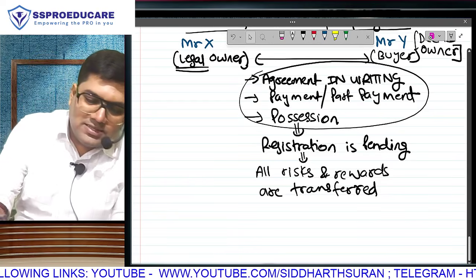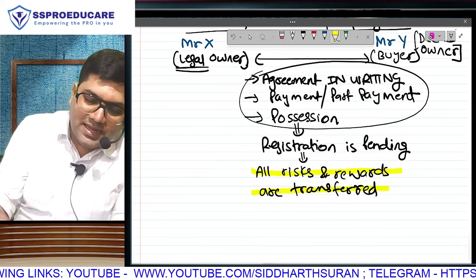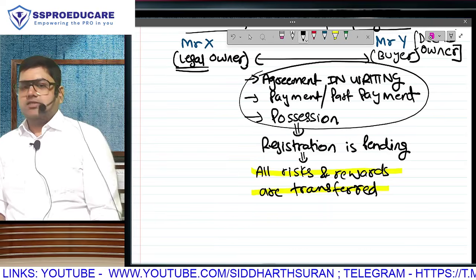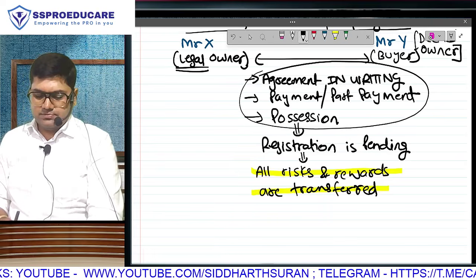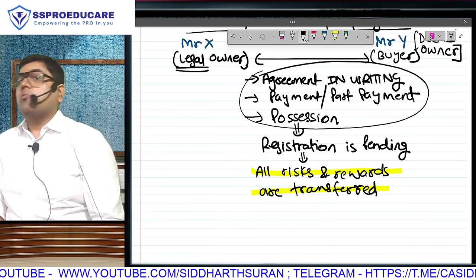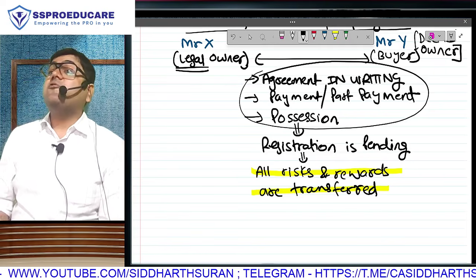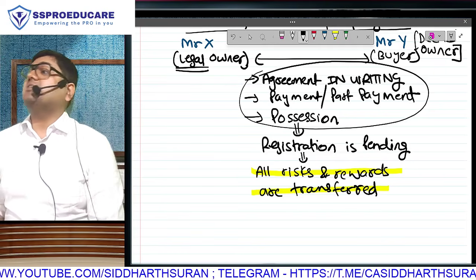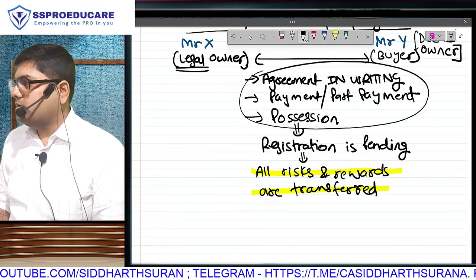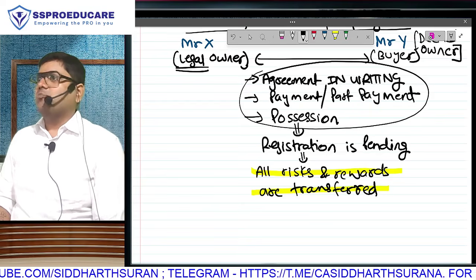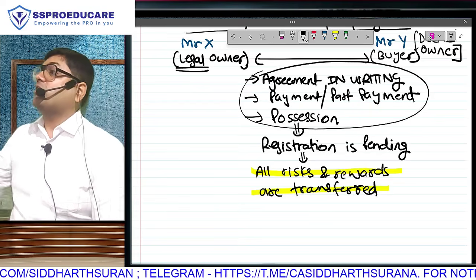Sir, what do you mean by this line? All the risks and rewards have been transferred. Is the registration still pending? Meaning on paper, in whose name is the property registered? But if in the in-between period there is any rent arising from the property, Y will get it, because as per the Transfer of Property Act, all rewards are transferred.